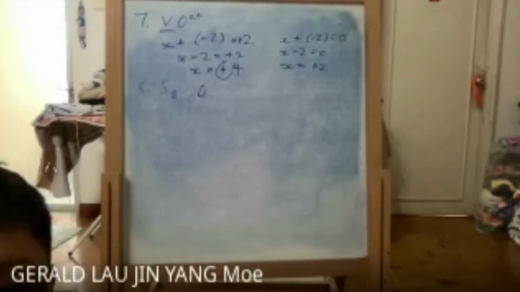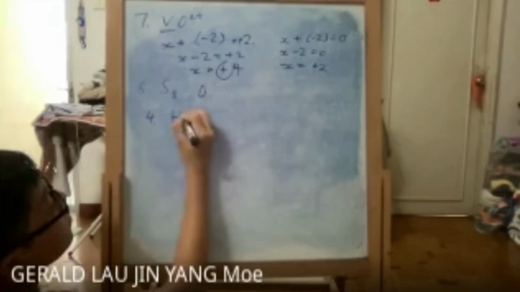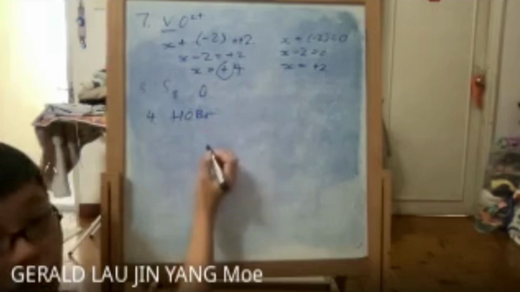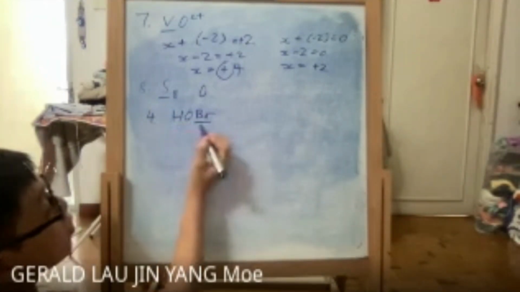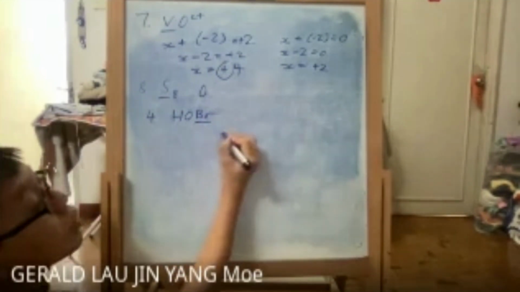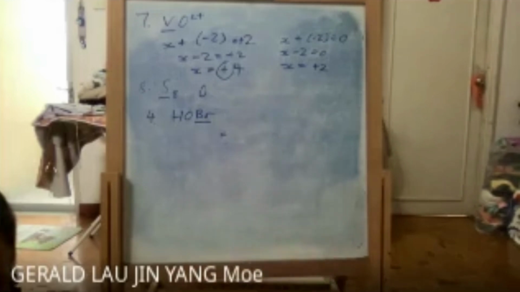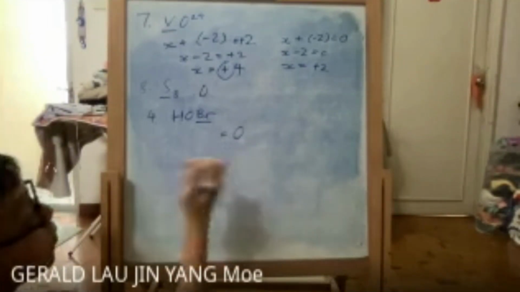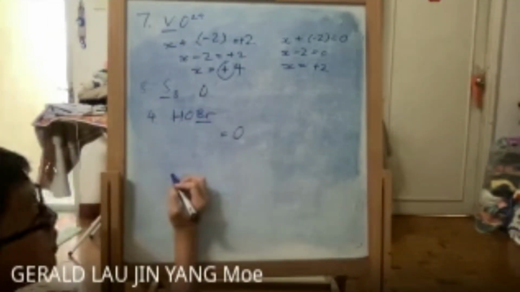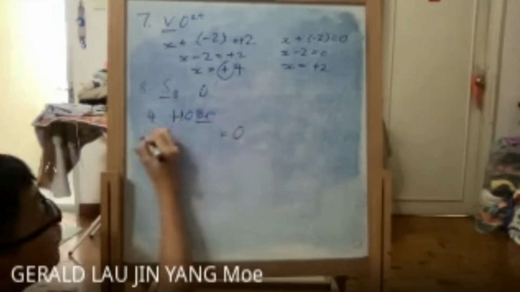Okay, let's do number 4, HOBr. You want to find the oxidation number for bromine. So, total first, what is it? 0, because there is no ion charge. Neutral compound. H is how much here? Go element by element: positive 1.